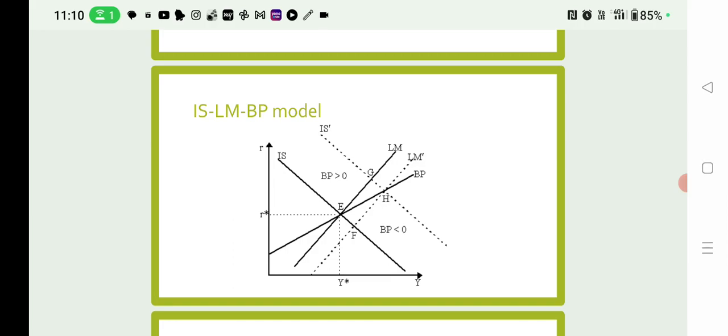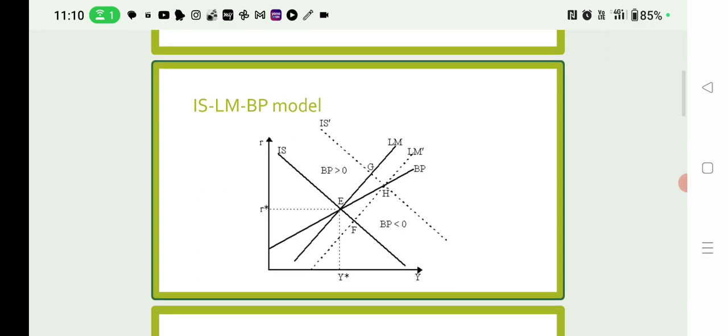But due to the impact of the fiscal policy, government expenditure, and its impact on the external balance, the balance of payment curve is also shifted to the right. So now the IS curve, LM curve, and BP curve are intersecting at point H. So at that point both internal as well as external balance are possible.